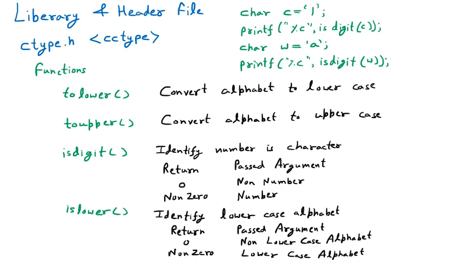So now the answer of this question is, we can see that there is a table given. If there is a number, then the answer will be non-zero. Now for this number, because C is a number, is digit function will find that it is not a character, it is a number. So any non-zero number means 1, 2, 3, anything will be the answer.